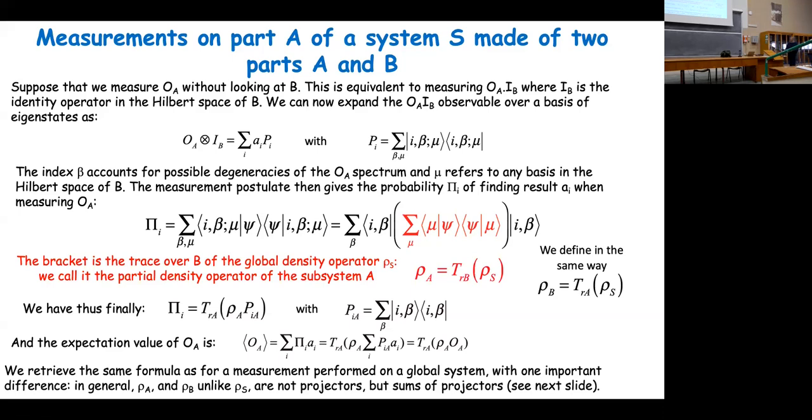And symmetrically, if you want to make a measurement on B alone, you trace over A of rho S, and you get rho B, and rho B will give you all the information about the results of possible measurements on observables in the B system.